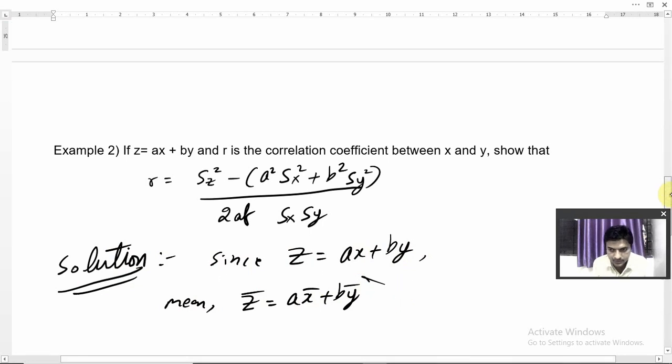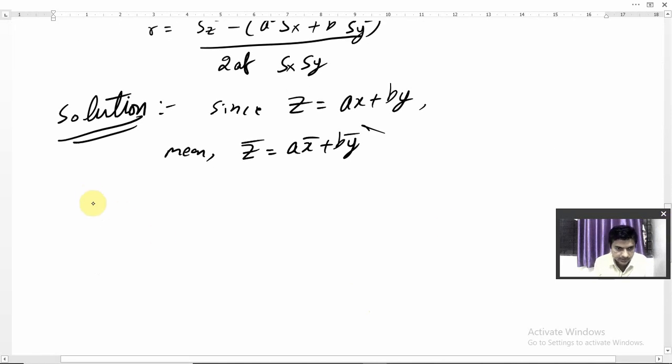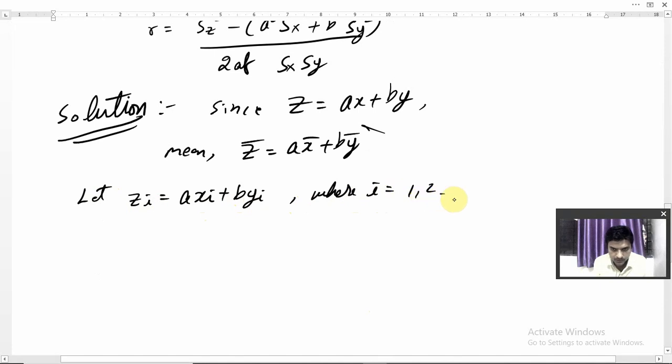So in this, let me take xi, so for all the observations it will become a xi plus b yi, wherever x, y, z is there I am putting i, where i is equal to 1 2 till n.